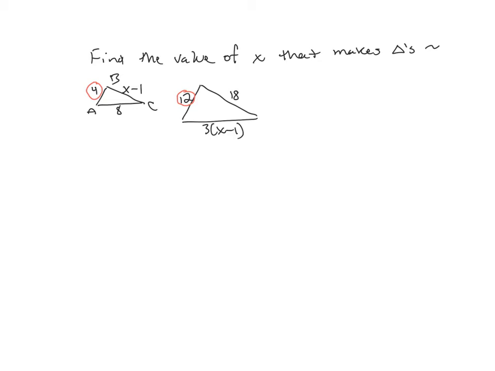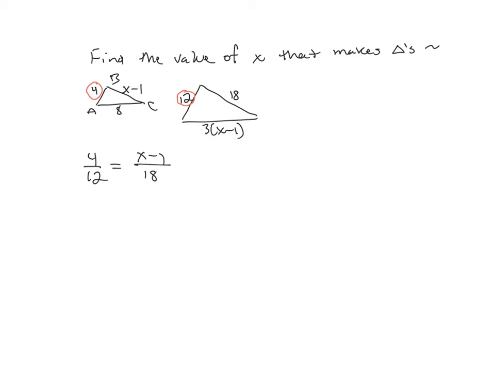So I want to pick the two sides that have just numbers to work with, because it's going to be easier to solve it. Okay, and then I'll pick the x minus 1 and the 18.